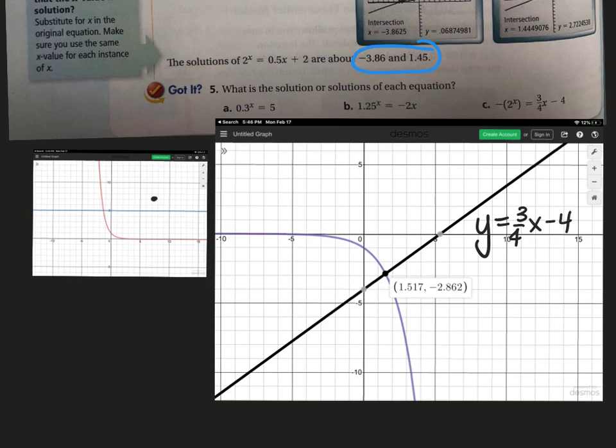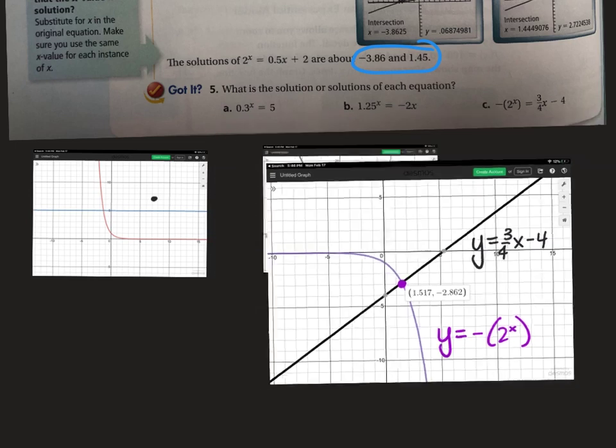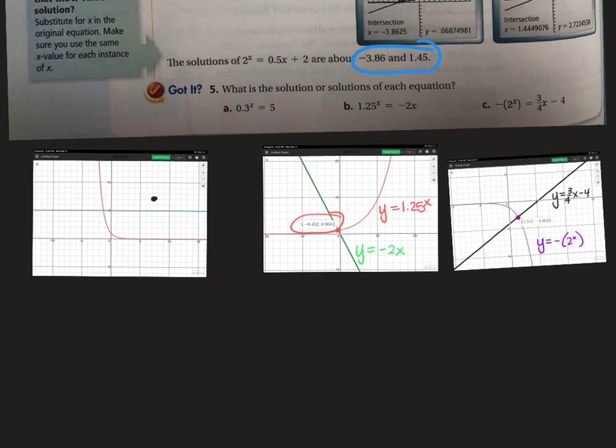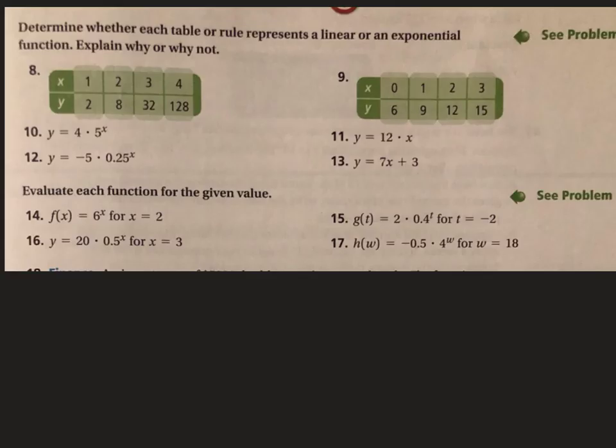And the purple line is going to be y equals negative 2 to the x power. You have your intersecting point, and that's what we're looking for. Take a look at the next slide.